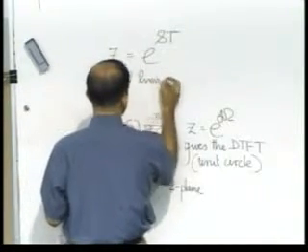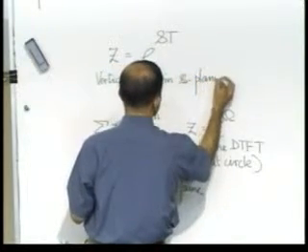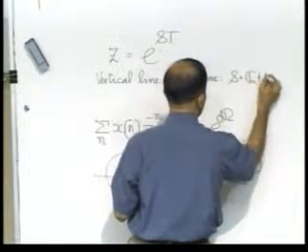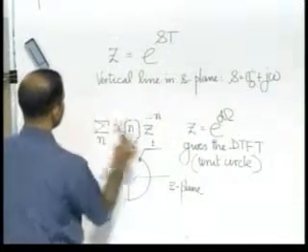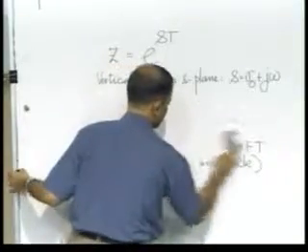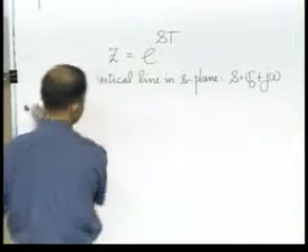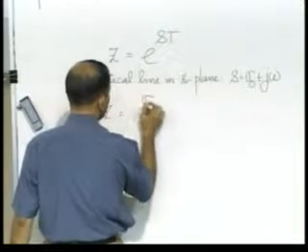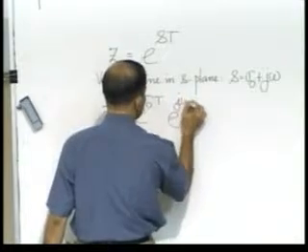In the S plane, a vertical line in the S plane is S is equal to sigma 0 plus j omega, right. So, we have Z is equal to e raised to the power sigma 0 t into e raised to the power j omega t.